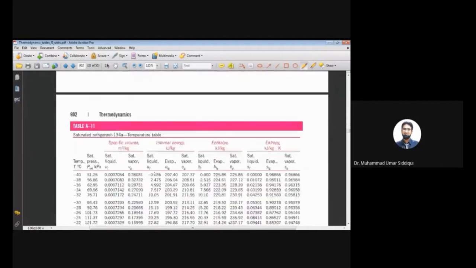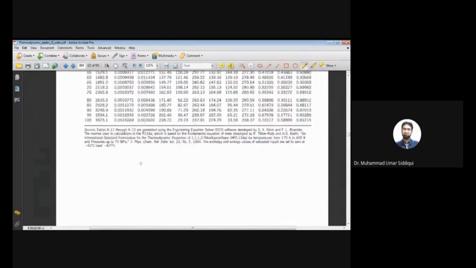So from here onward, the same tables which we saw for the case of water, we'll now have for refrigerant R134A. Table A11 is the saturated R134A temperature table. It's going to continue here.